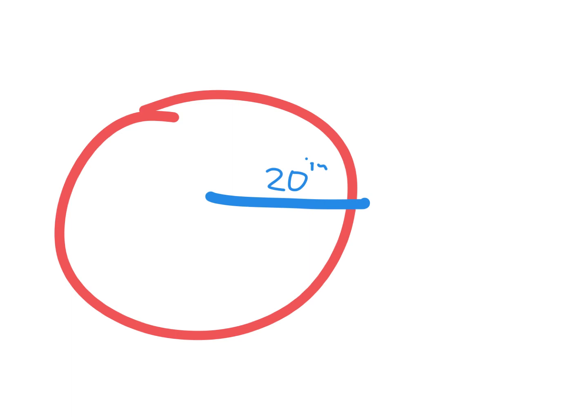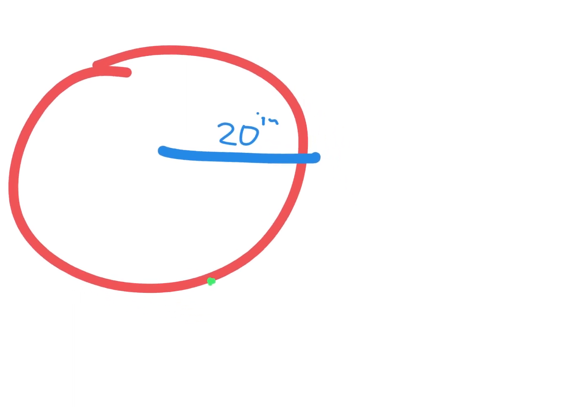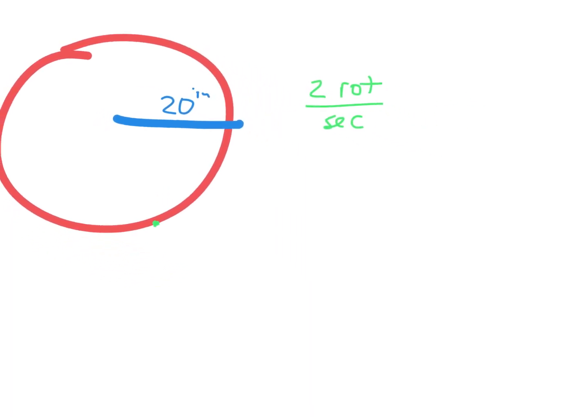Now let's say you get a piece of gum stuck to your tire, and then your tire goes around, it goes tick, tick, tick, and you can kind of hear it hitting. So let's say from that you're able to say, I'm doing about 2 rotations per second. You get how I set that up?